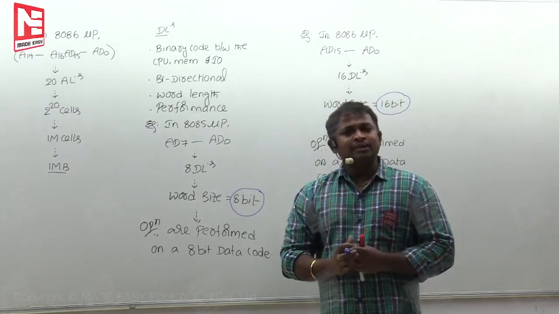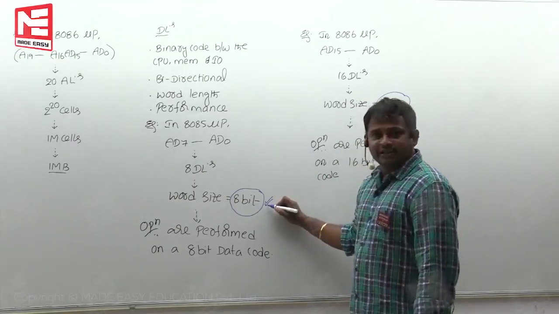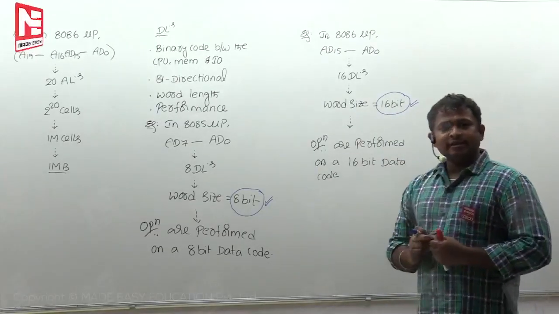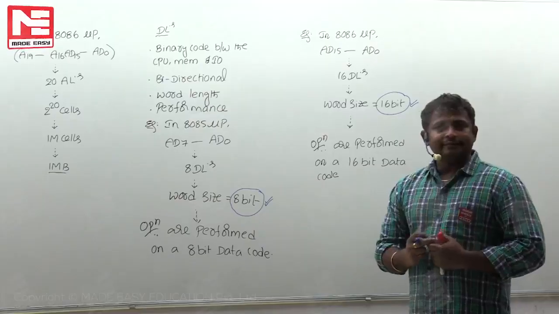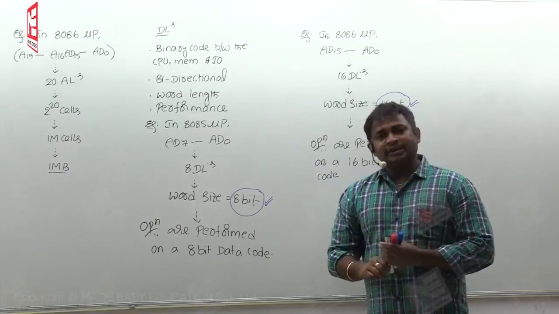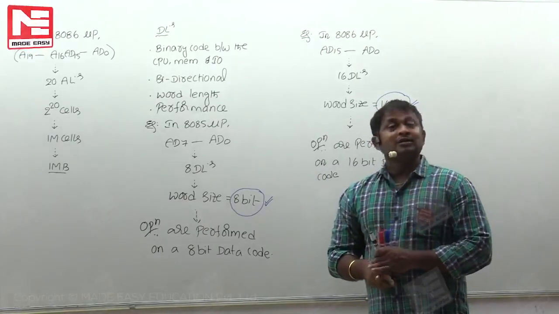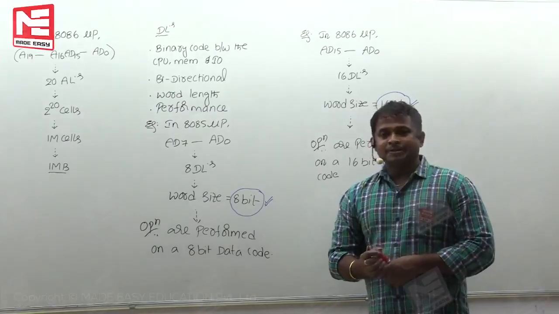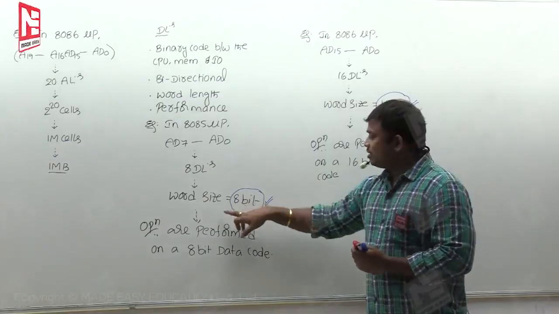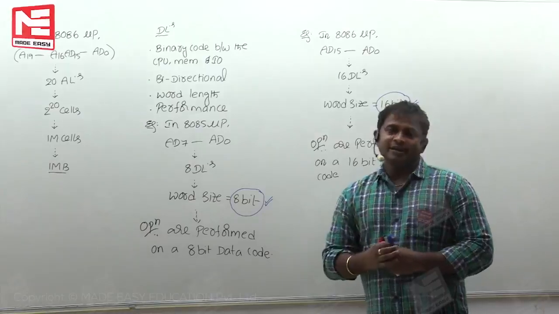At the same time, the system becomes expensive. The reason is here only one cell of memory interfacing is enough, but here two cells of memory will be interfaced. Therefore, interfacing cost is added. Like this, for a 32-bit microprocessor, the number of data pins is 32. For a 64-bit microprocessor, the number of data pins in the CPU is 64. For an N-bit microprocessor, the number of data pins in the CPU is N. Like this, based on the basic computer structure, we can understand advanced computer designing.